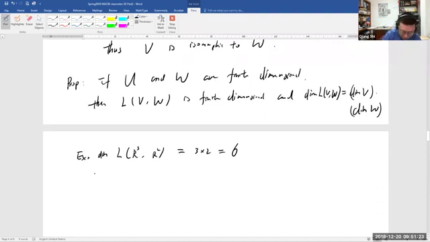And then for instance, if you have something from a polynomial space to a polynomial space, let's say from P sub 3 of R to P sub 1 of R, well, for P sub 3 of R, you need 1, X, X squared, X cubed to span that. So that will be 4, right?